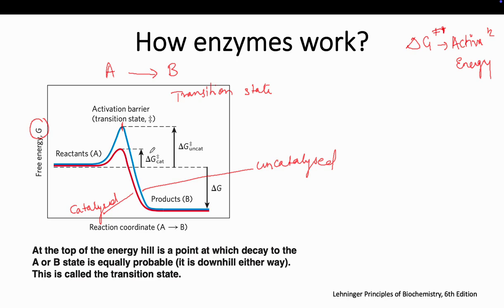This is the activation energy difference of the catalyzed reaction, whereas this is the activation energy difference of the uncatalyzed reaction. As we can see from the graph, the activation energy of the catalyzed reaction is very much less than that of the uncatalyzed reaction, right?